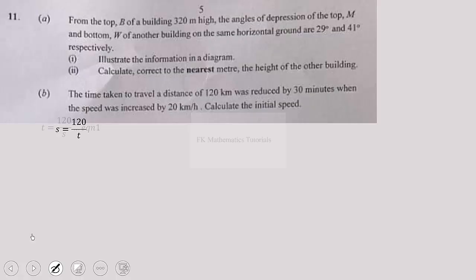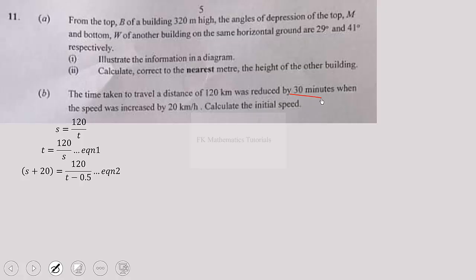So we can make t the subject to get 120 over s. So we call that equation 1. Then also, when the time is reduced by 30 minutes, the speed is increased. So the new speed will be s plus 20 kilometers per hour, and the time will reduce by 0.5 hours, which is the same as 30 minutes.